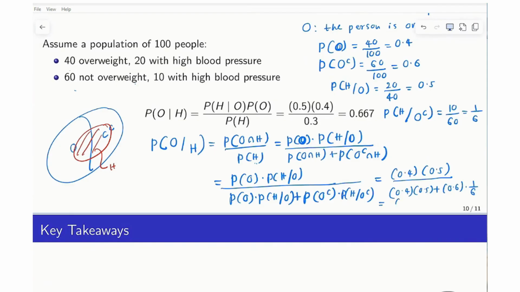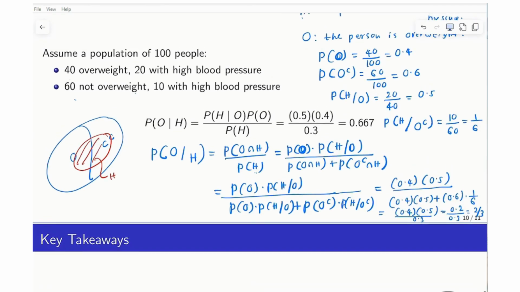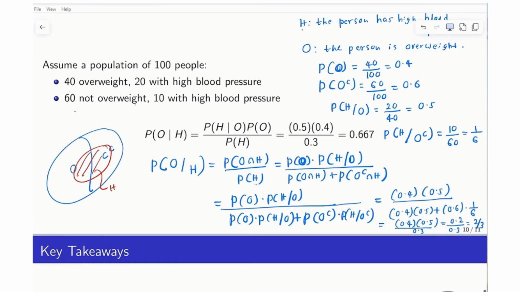Finally, 0.4 times 0.5 divided by, 0.2 plus 0.1, which is 0.3. So 0.2 divided by 0.3 means 2/3. That means if the person has high blood pressure, the probability of being overweight is 2/3.